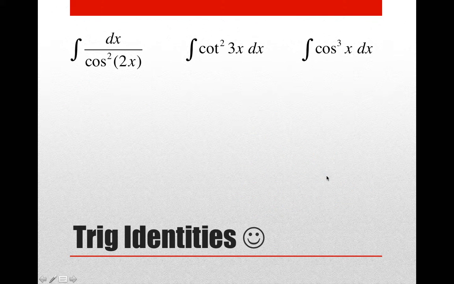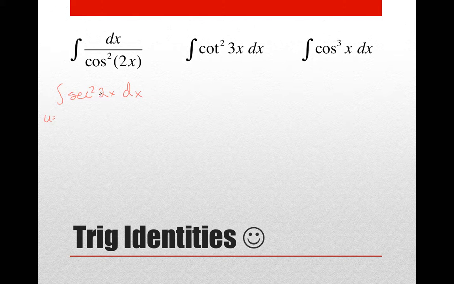So some of your problems are going to look a little bit tricky here, but there are things that you can do to them. In the first problem, the cosine squared of 2x in the denominator can be rewritten as secant squared of 2x dx.